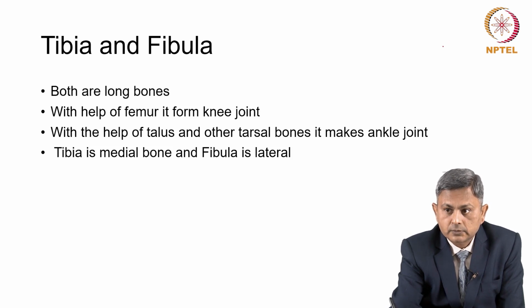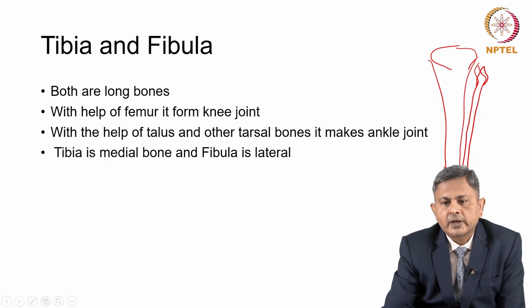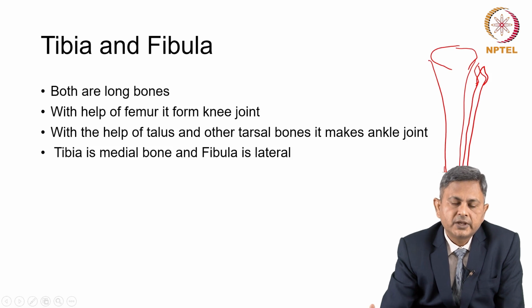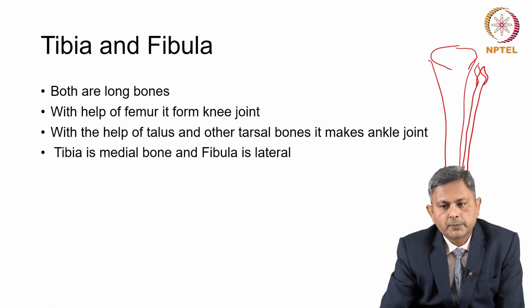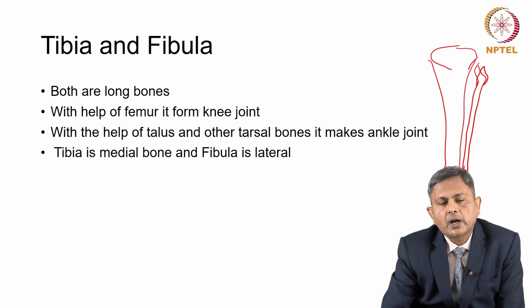The lower end makes the medial malleolus by the tibia and the lateral malleolus by the fibula. It makes the knee joint on the upper side and the ankle joint on the lower side.